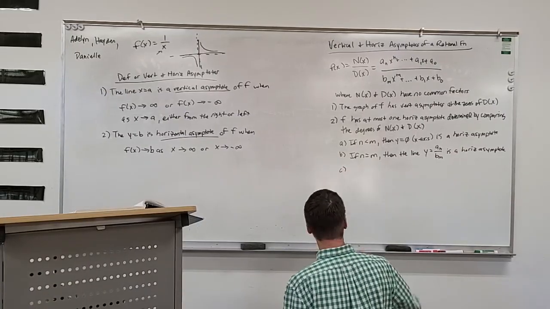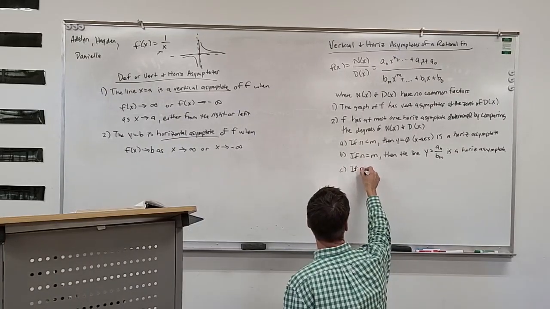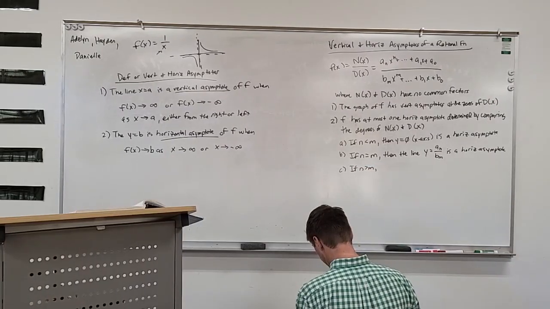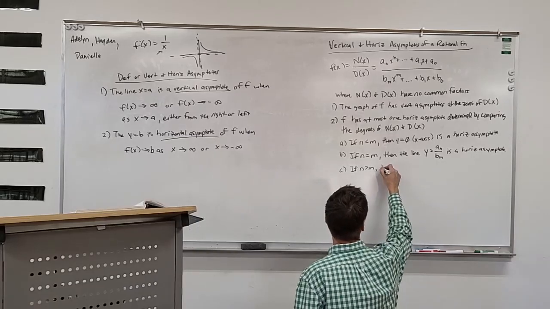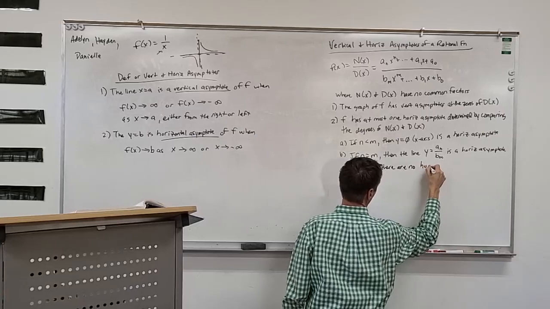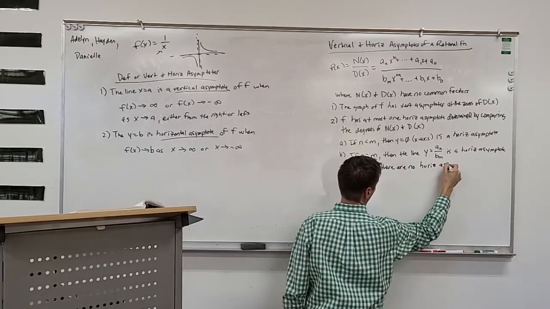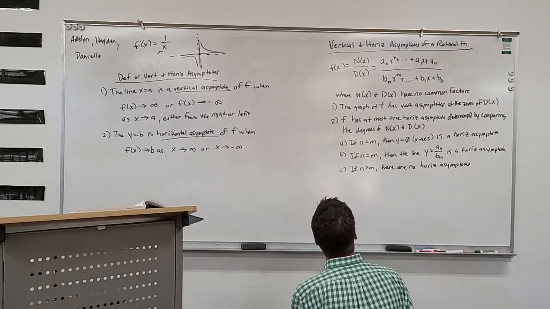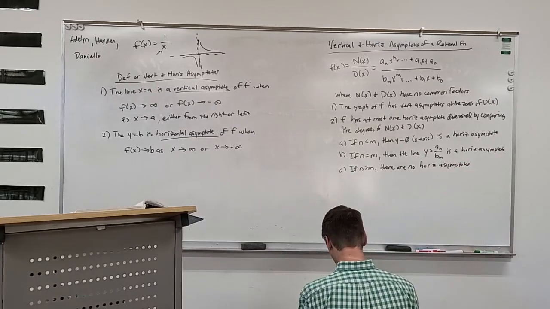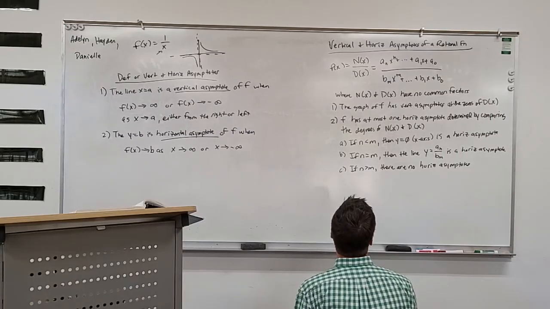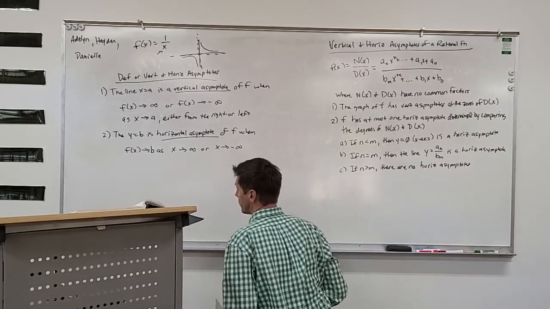And finally, the last case, if n is greater than m, so if the degree of our numerator is greater than the degree of our denominator polynomial function, then there are no horizontal asymptotes.